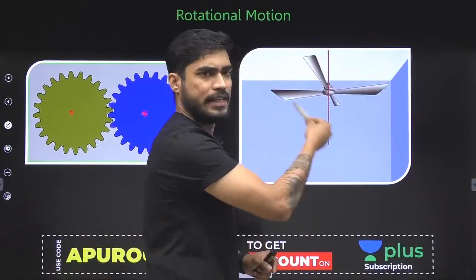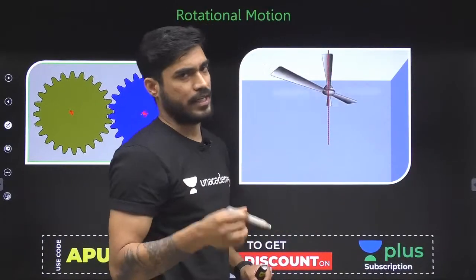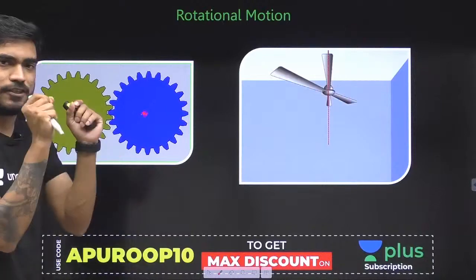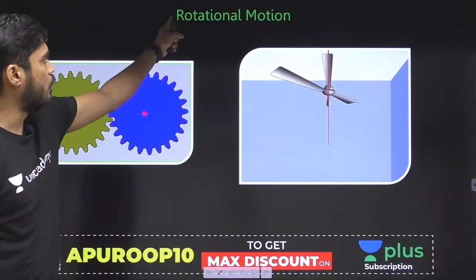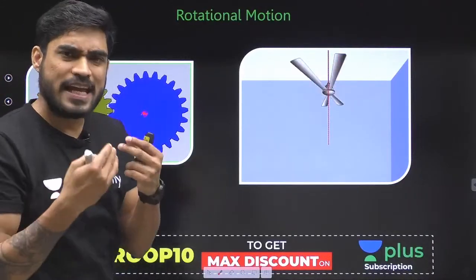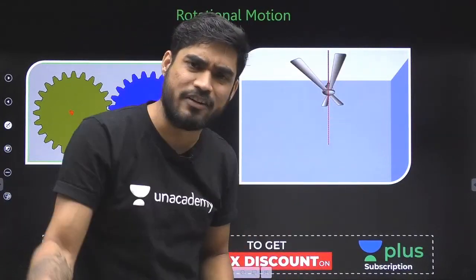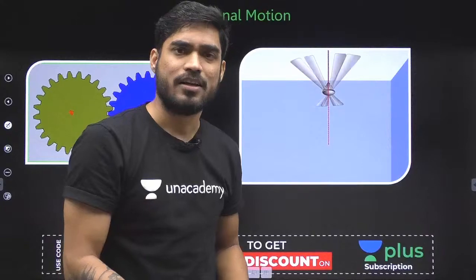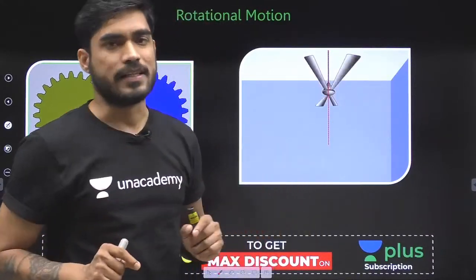They are also rotating about a fixed axis of rotation. So when the axis of rotation or center of rotation is fixed and the body is in circular motion, that is known as rotational motion. You see various examples in your daily life of circular motion. The grinding wheel is in circular motion. The flywheel is also circular motion.